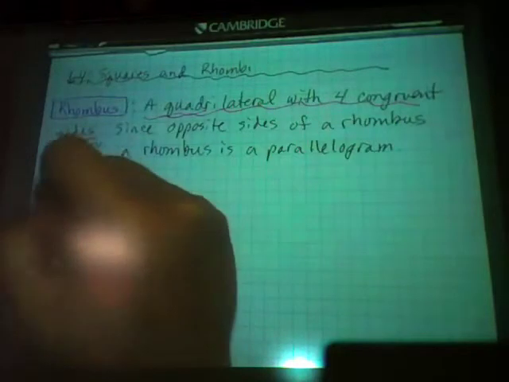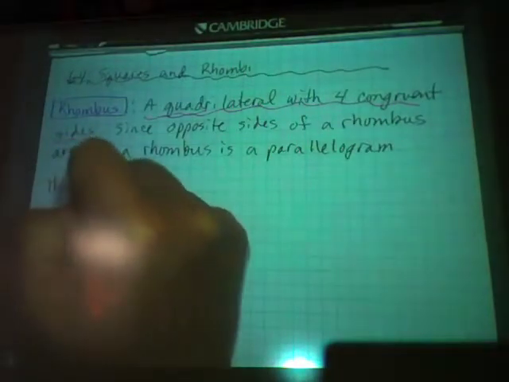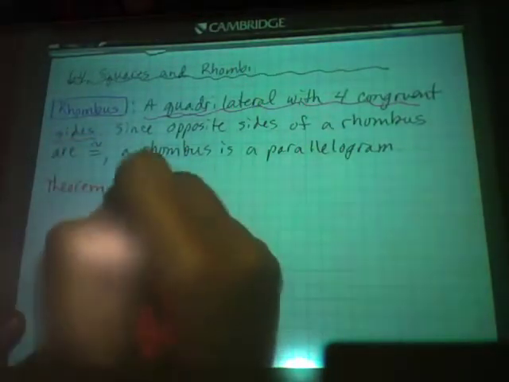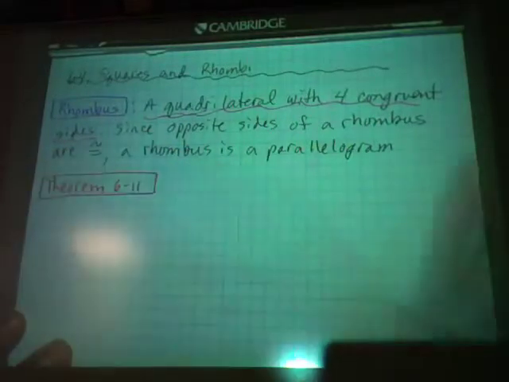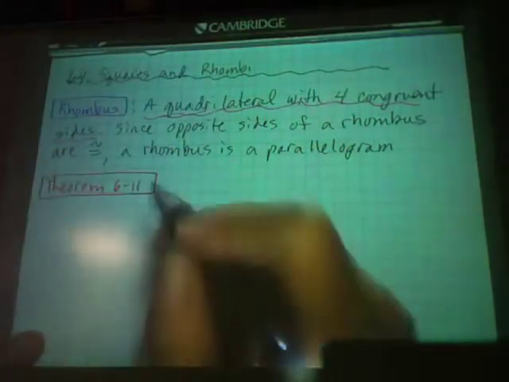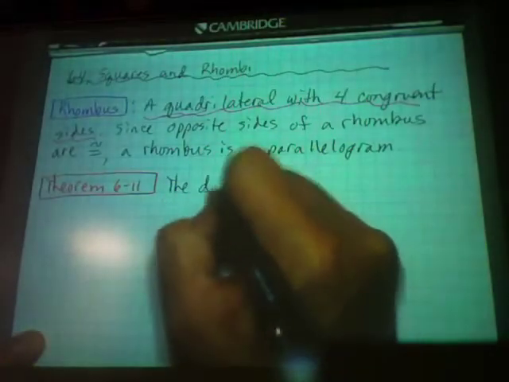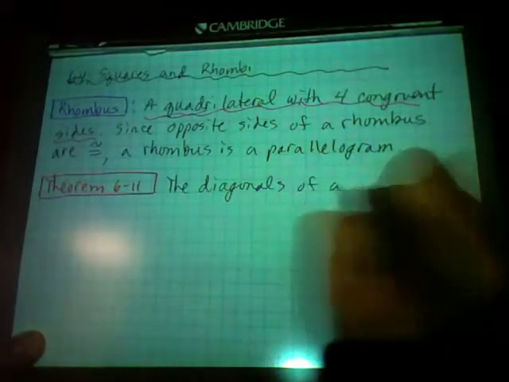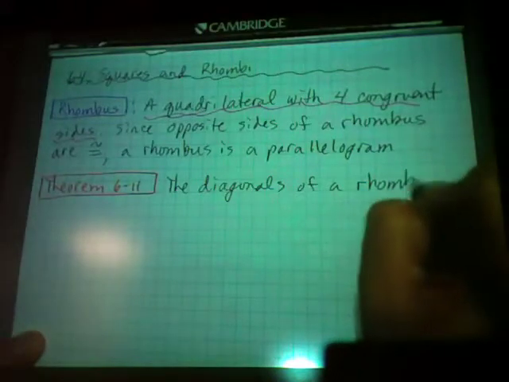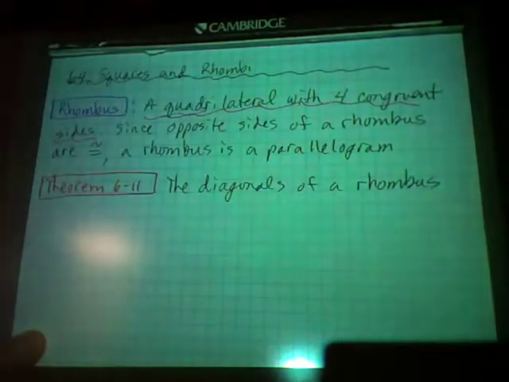So theorem 6-11. The diagonals of a rhombus are perpendicular.